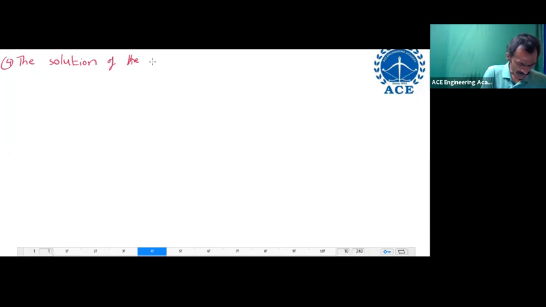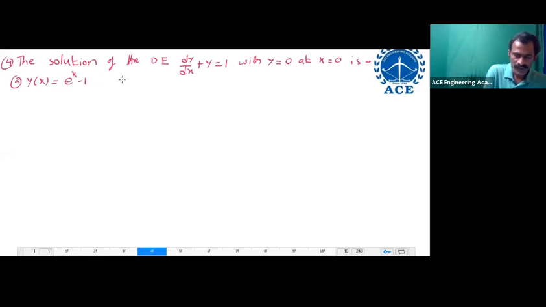The solution of the differential equation dy by dx plus y equal to 1, with y equal to 0 at x equal to 0 is: option A, y of x equal to e power x minus 1.